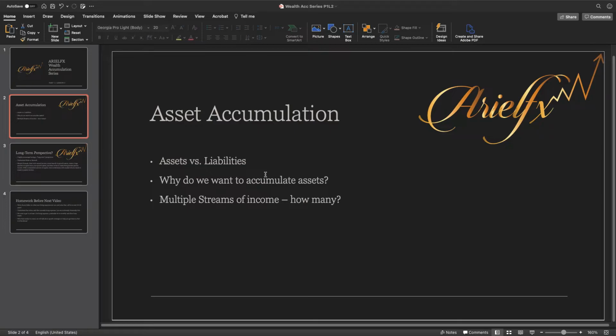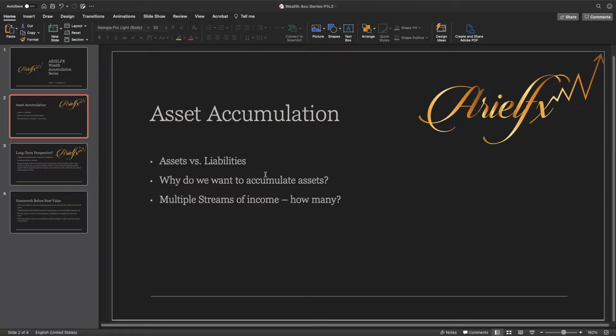Assets are what's going to put money into our pocket, maybe not now, and that's where instant gratification comes in. So many people purchase liabilities because it gives them that instant gratification. Oh, I'm going to buy a new pair of shoes, or this and that, and that's not going to put money in your pocket. It's going to take money out.